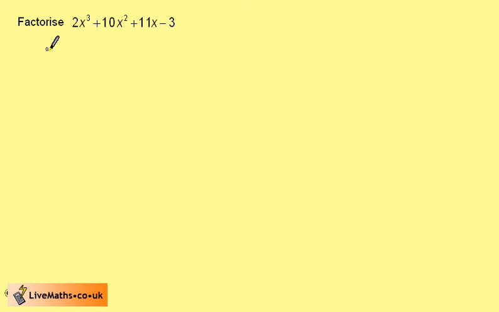We can use the factor theorem to do this, because if we have that f of x is equal to 2x cubed plus 10x squared plus 11x minus 3, and we can find a value of x that makes this equal to 0, then we'll have found a factor. We're just going to use a search pattern to do this.